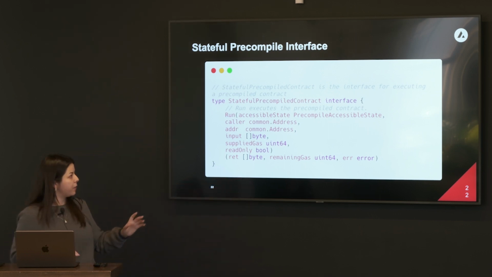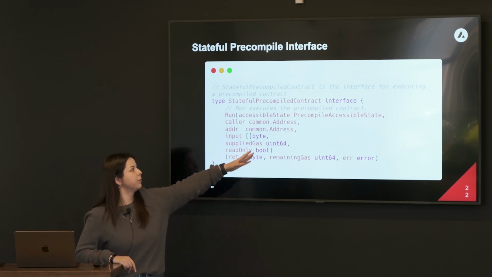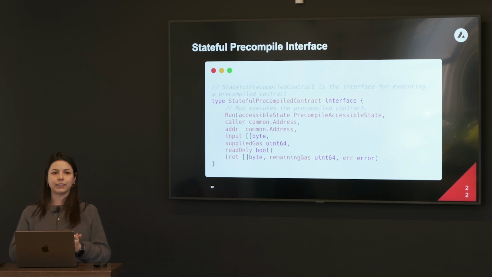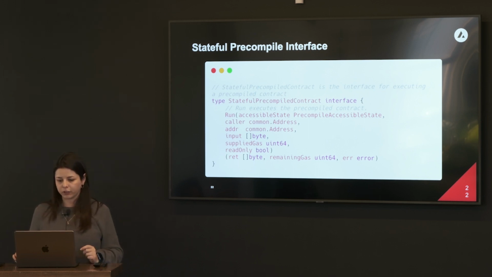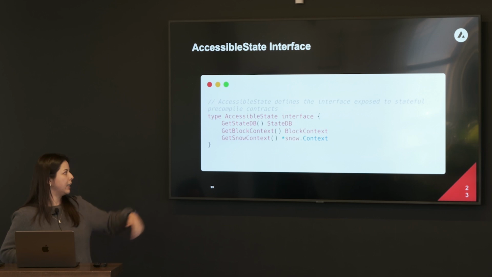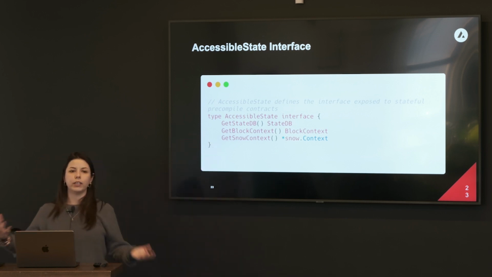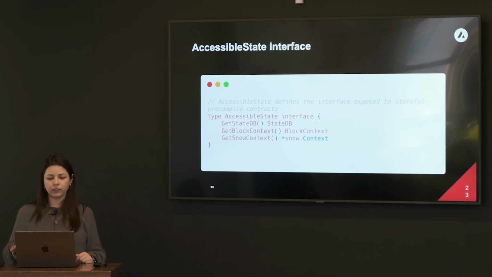Something important to notice is this precompile accessible state, which is the access to the database that we are using in our blockchain. Here we can see the type accessible state, which has this get state DB. It will load the state DB and can actually modify the database that we are using behind it.